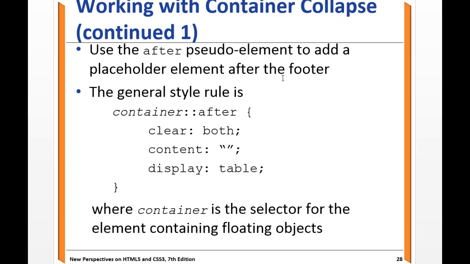The element itself is a web table, but contains only an empty text string, so that no actual content is written on the web page. You can use this syntax, where the container is the selector for the element containing floating objects, in this case the footer. You can look at page 197 and do the tutorial on 196.